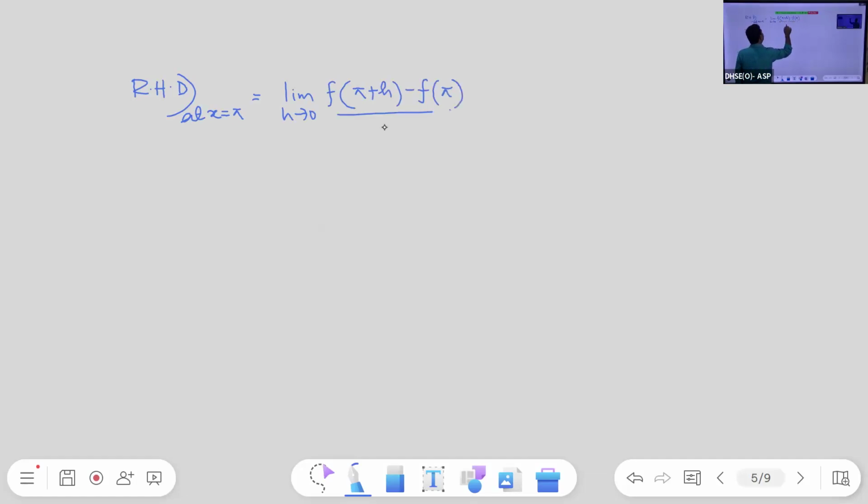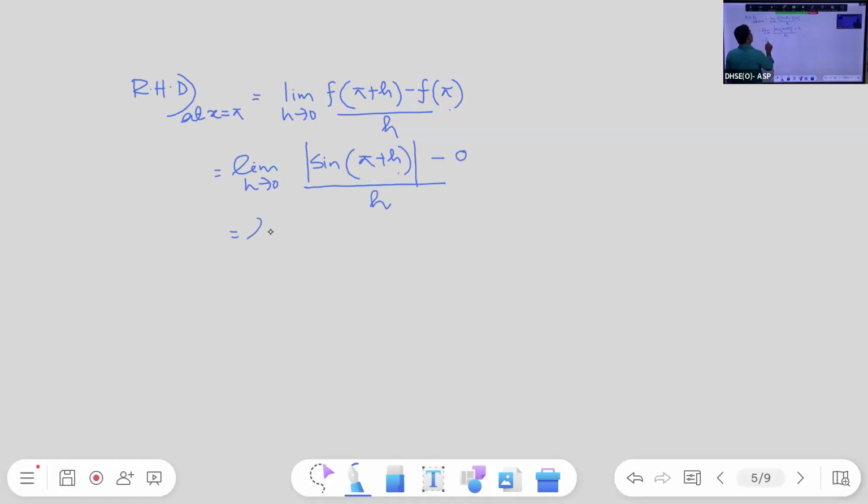Okay. What is f of x? f of x is equal to mod of sin x. This is equal to limit h tending towards 0, mod of sin of pi plus h minus mod of sin pi, which is 0, upon h, right?